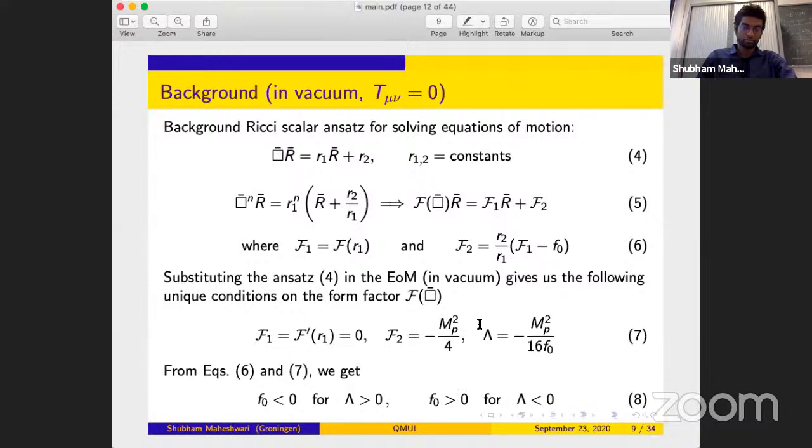Importantly, this cosmological constant is related to the first coefficient f0 in this expansion of f of box, which we will get to later. From equations 6 and 7, the sign of f0 and the cosmological constant are related to each other. So if you have a positive cosmological constant, then you will have a negative sign for the first term in this f of box, and the opposite if you have a negative cosmological constant.